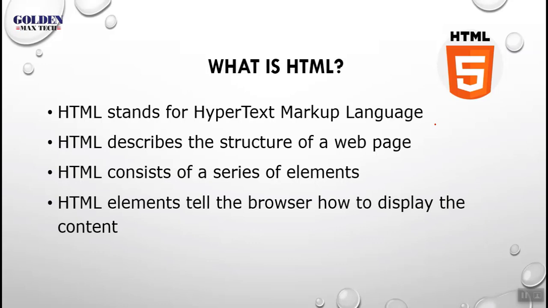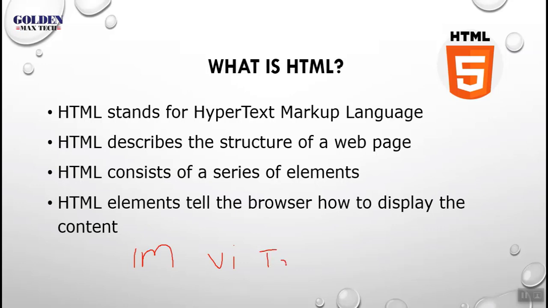HTML also tells the browser how to display those elements. For instance, you have some elements that display images. You have some other elements that display videos, and you have some other elements that display text.